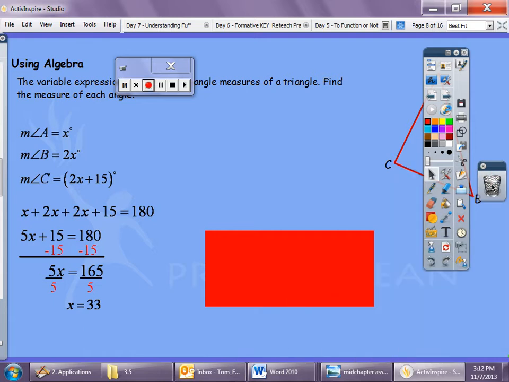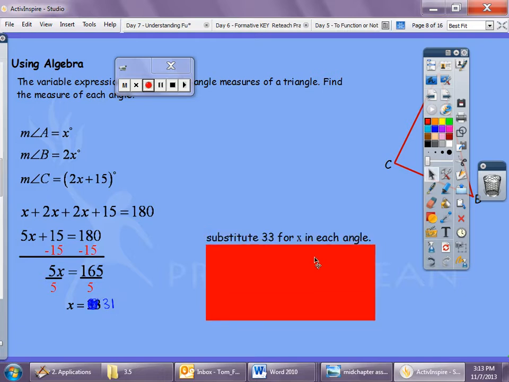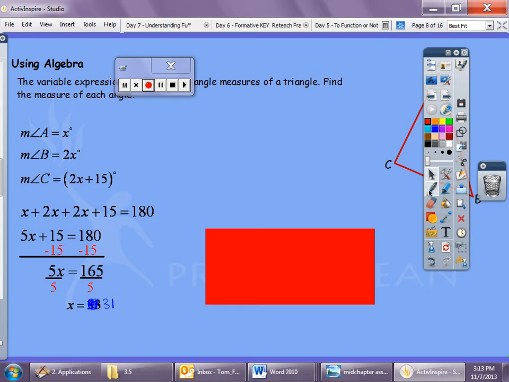Not 33, 31. So x should equal 31. So x is 31, and then we substitute the 31 back in. No, it is 33.